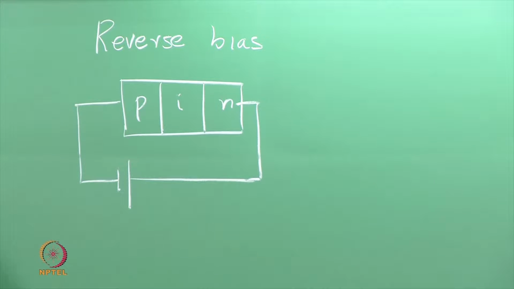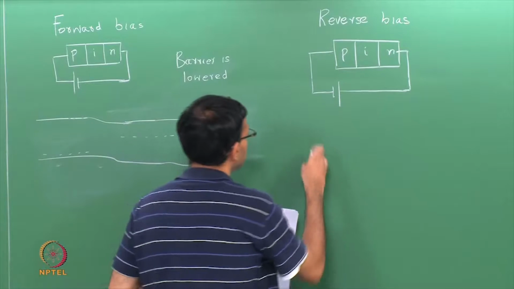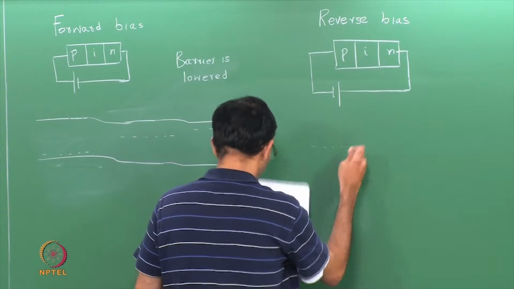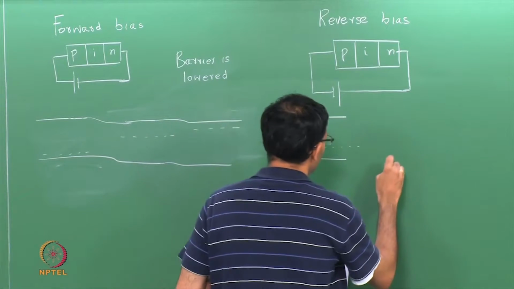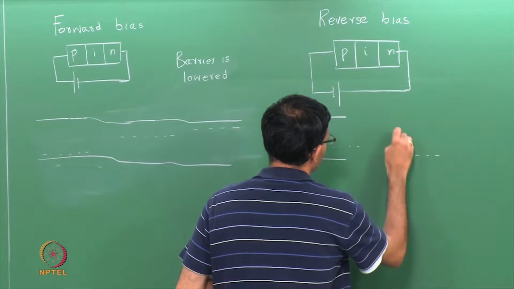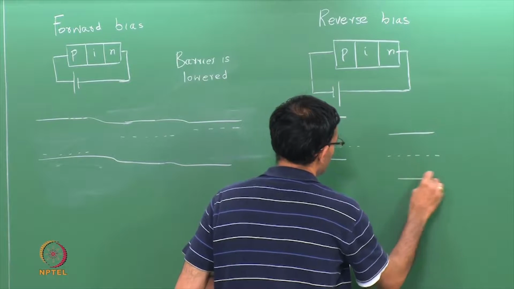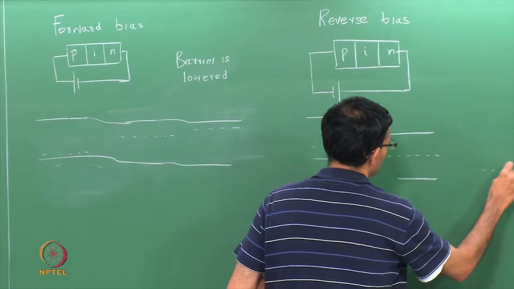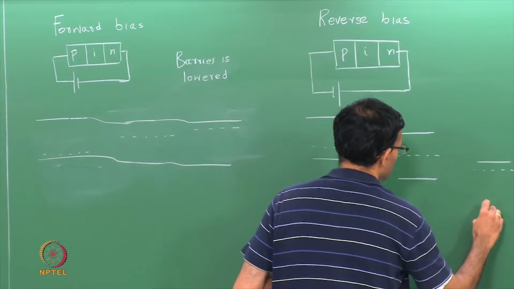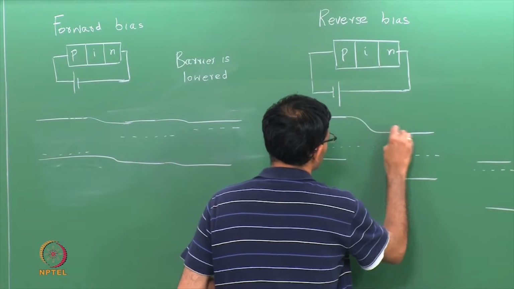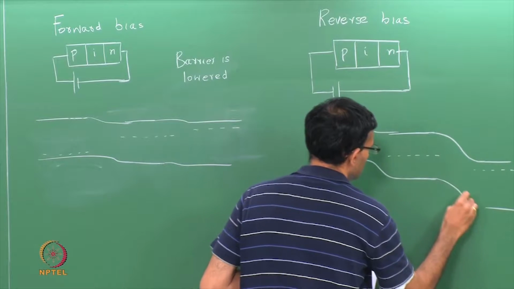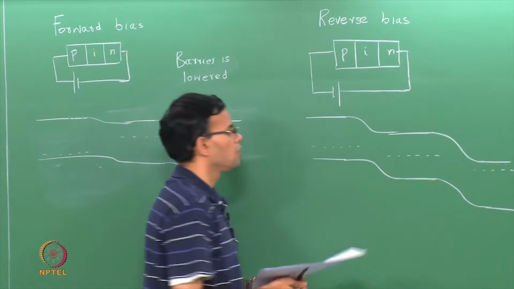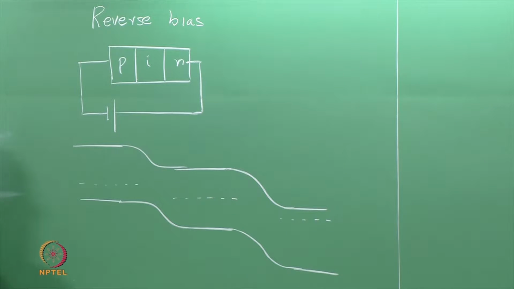Here the barrier is actually increased, so that now it has become more difficult for the current to flow through.